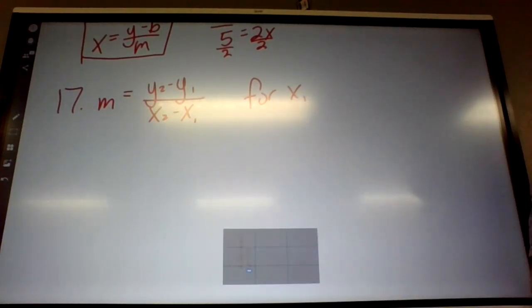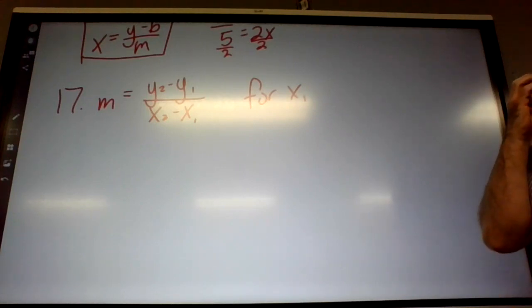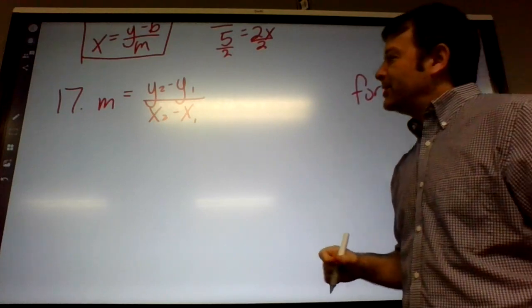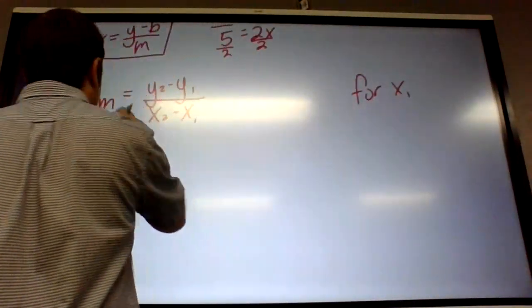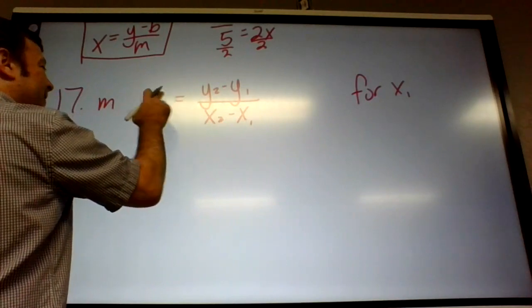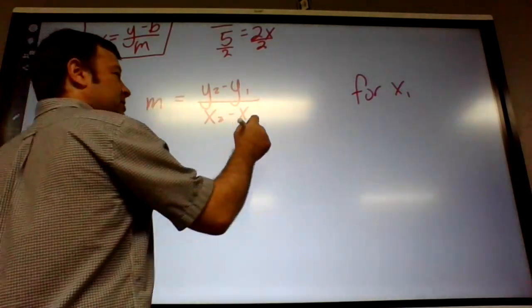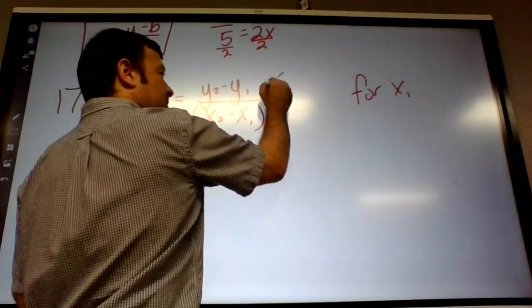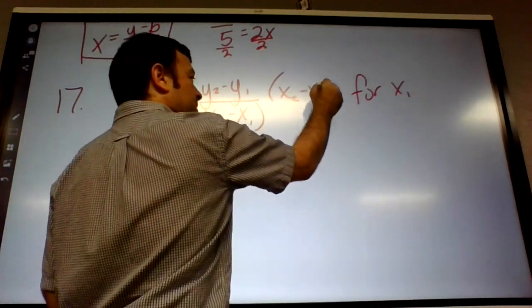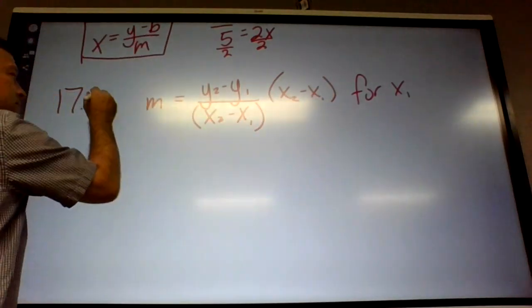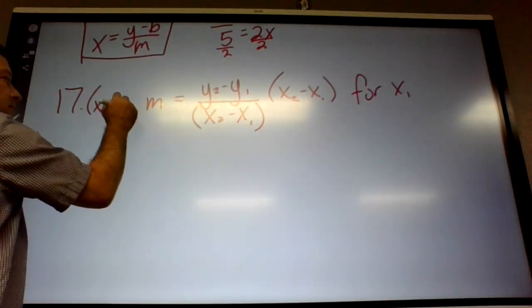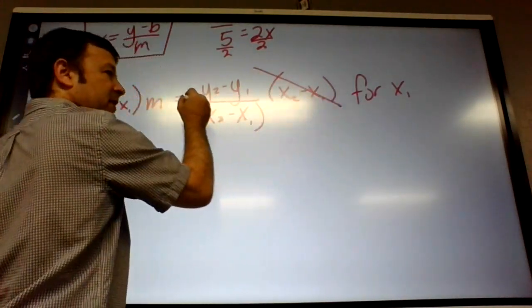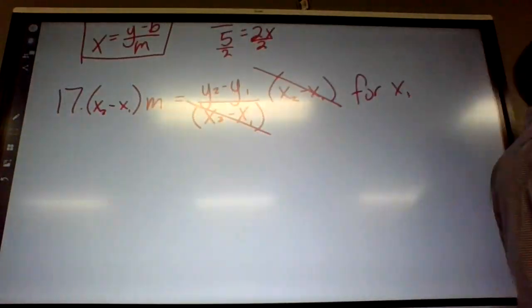Okay. It's a little bit beyond us, but that's okay. I'm going to do it anyway. So what I'm going to do first is get this off the denominator. I'm going to multiply both sides by x2 minus x1, because on the right, when I multiply by these values, they just go away.